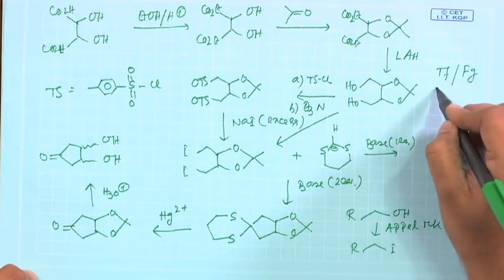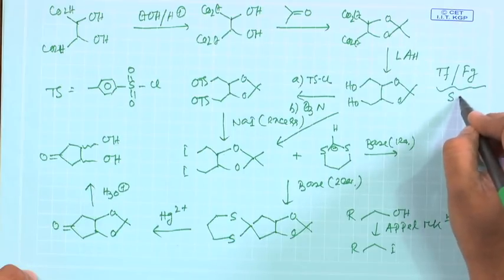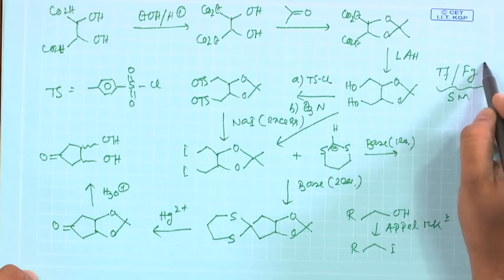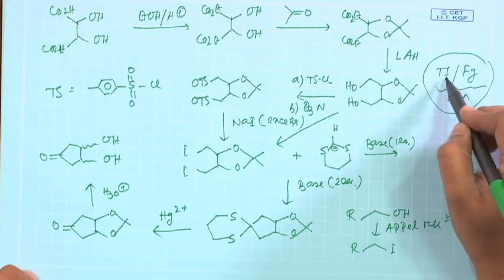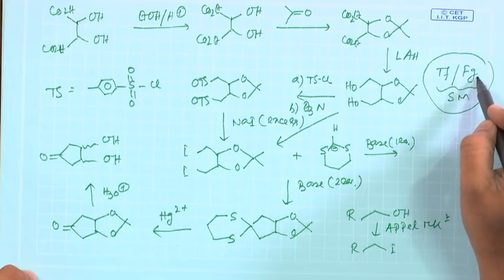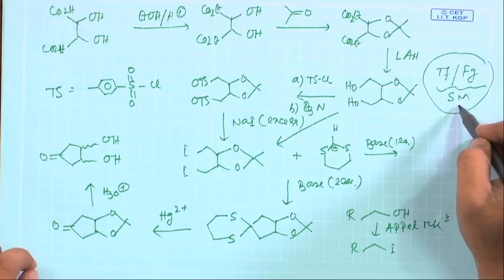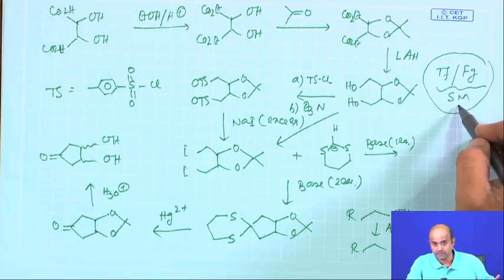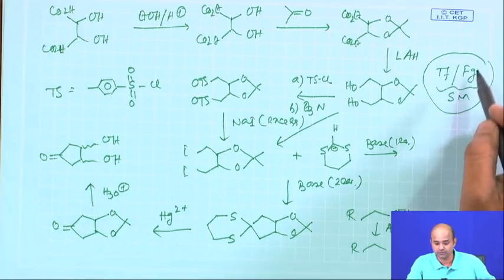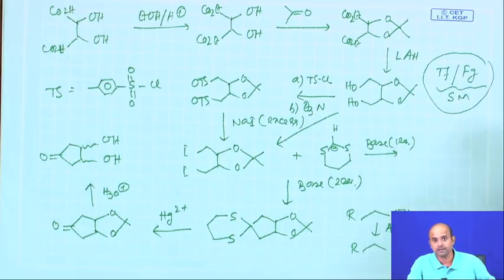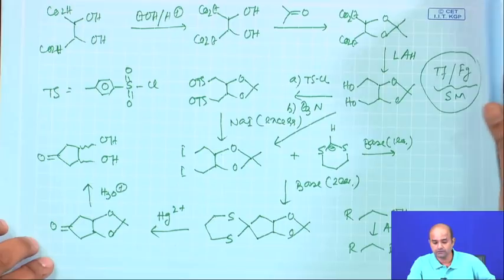And now, if I give you the starting material as tartaric acid, this whole strategy can be a combination of transformation based approach, functional group based approach as well as starting material based approach. That is what I said, the initial 3 approaches, transformation, functional group and starting material, can be combined in a single operation. That is why we will be discussing all these 3 strategies together.